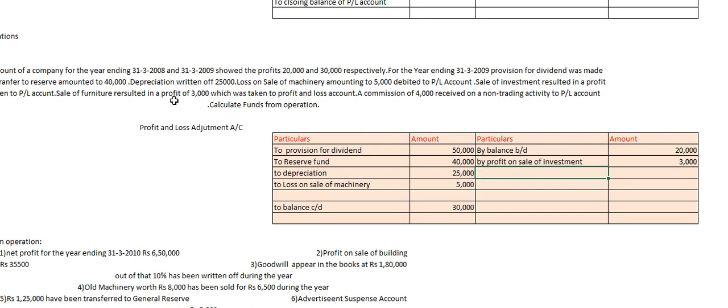Then the next one, they are telling sale of furniture resulted in a profit of 3,000, which was taken to profit and loss account. So by profit on sale of furniture, the amount is 3,000.